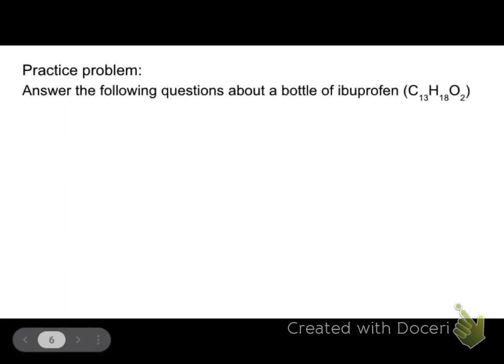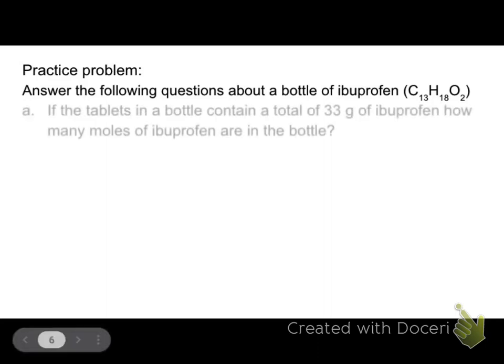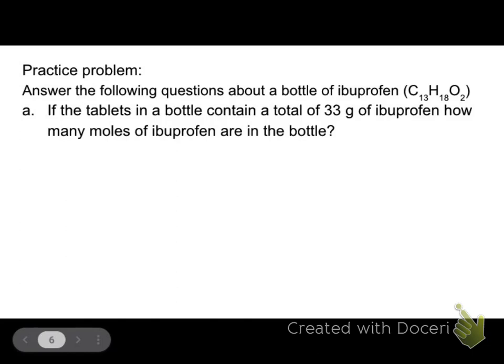So, let's look at a practice problem. I want you to answer the following questions about a bottle of ibuprofen, keeping in mind that the formula for ibuprofen is C13H18O2. So, given that, if there are tablets in this bottle and the total mass of all those tablets is 33 grams of ibuprofen, how many moles of ibuprofen are in the bottle?